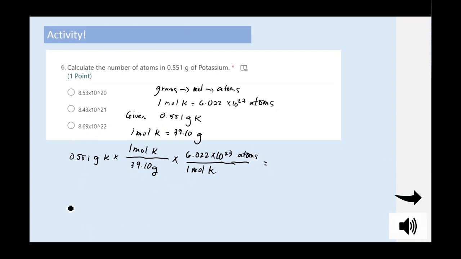How about if we do it this way? 0.551 grams K times 1 mole of K over 39.10 grams, then times 6.022 times 10 raised to 23 over 1 mole of K. Let's do number 1 first, so we can compare the differences in the answers.